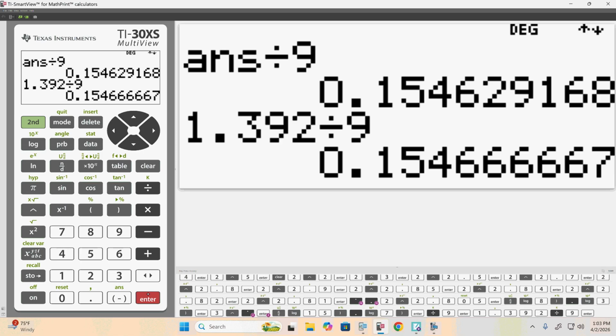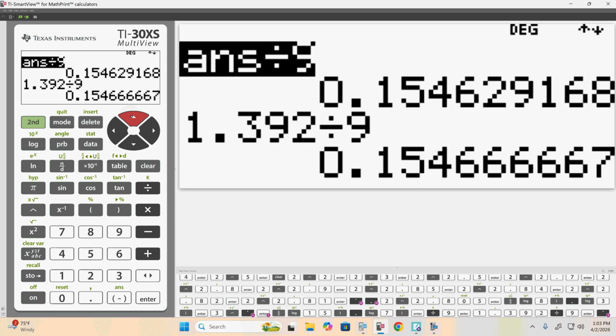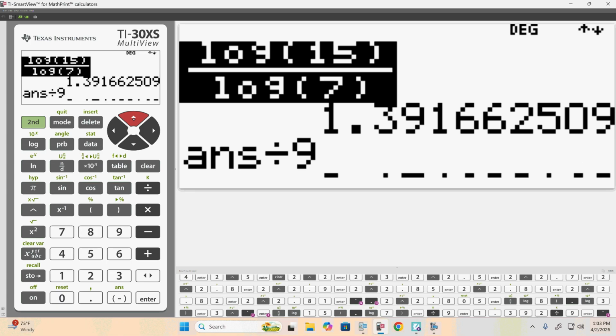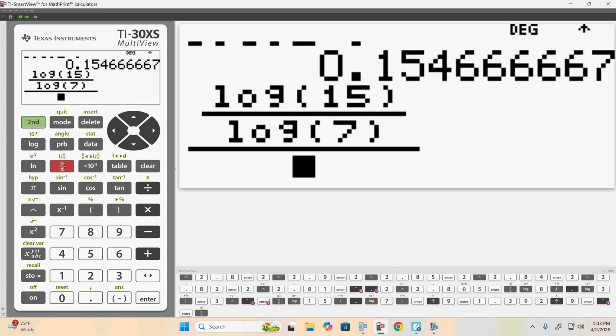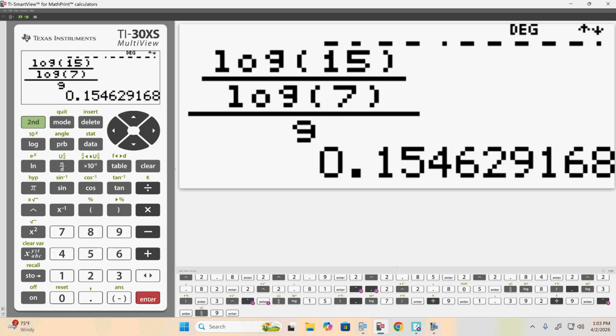We would get close, but as we can see here, there is a difference, especially if we go to the 5th or 6th decimal place. The value changes significantly. Luckily on the previous one, it actually did the division for us. The other option is just putting it as fractions.